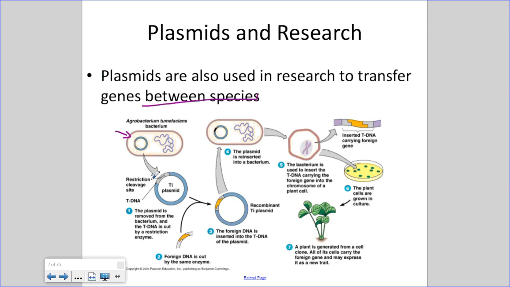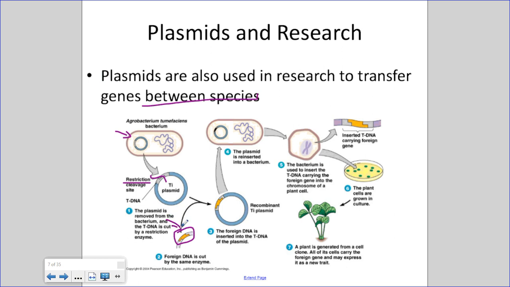Plasmids are circular DNA. You can use an enzyme called a restriction enzyme, and we'll talk more about restriction enzymes later on. A restriction enzyme will cut open this circular DNA at a particular location, and that opening allows the DNA encoding a gene to be inserted within the plasmid.